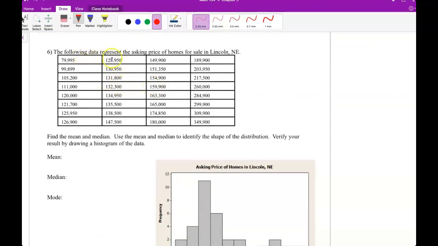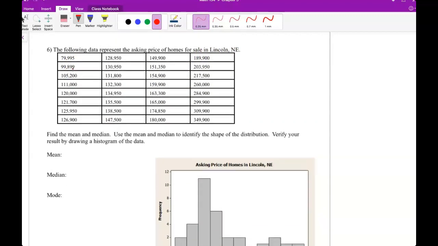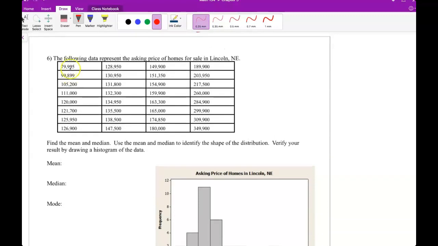Here, example: the following data represent the asking price of homes for sale in Lincoln. So we have all these numbers. And these are in order. This is the minimum value.